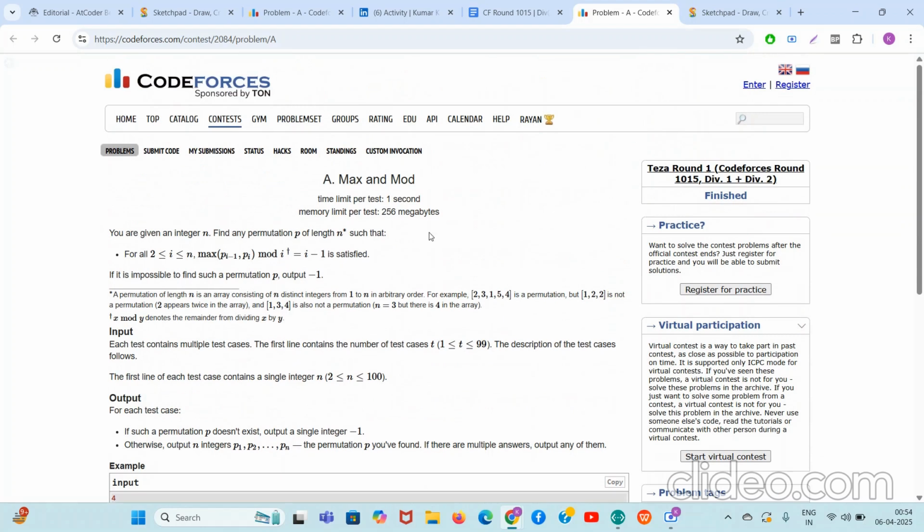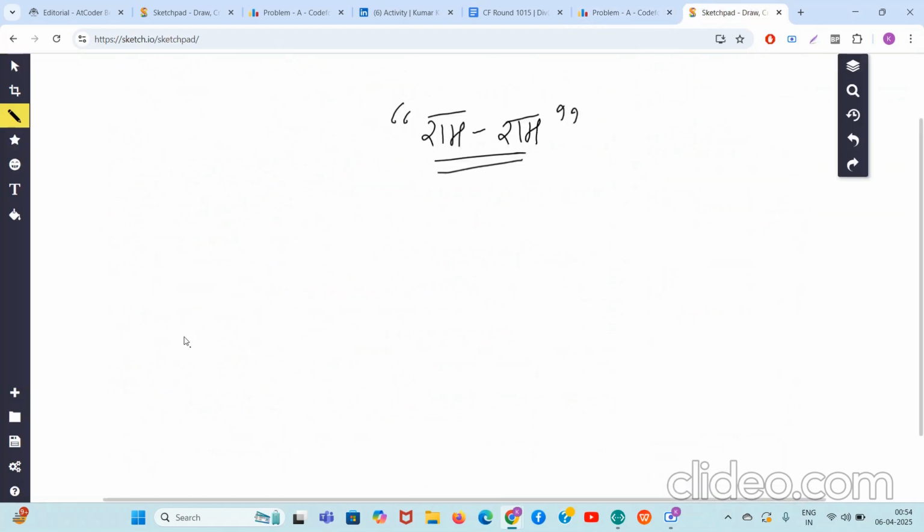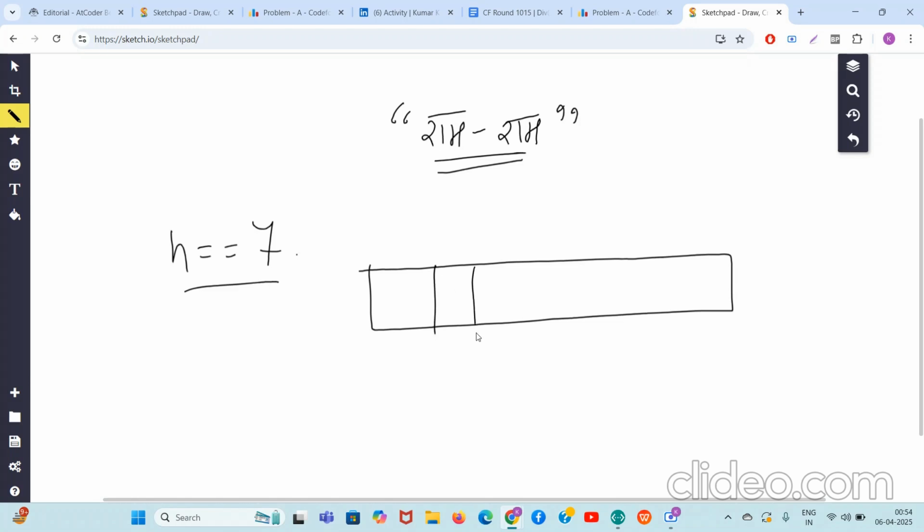Okay, odd n. So guys, let's say n is equal to 7. Now guys, you only use your brain and tell me which permutation will do the job. You know that whatever number comes here, you have to do it modulo 2 and the output should be 1.